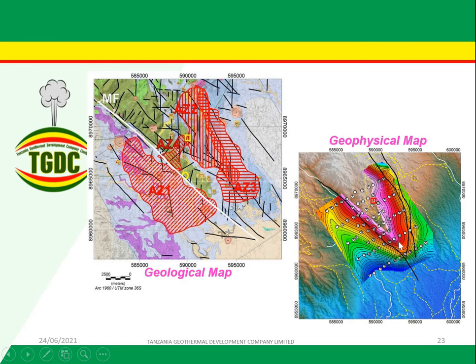And the background of this one is a digital elevation model overlaid with the resistivity map, together with the contours and these structures, faults. And these points are geochemical sampling points on top of it. So this can help decision makers to make right decisions on locating geothermal resources.